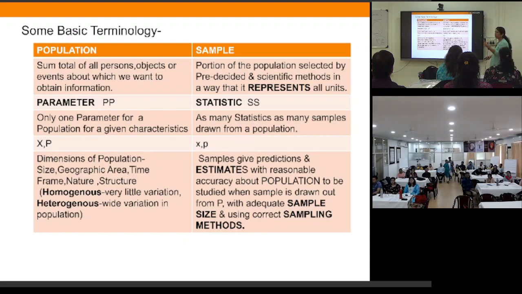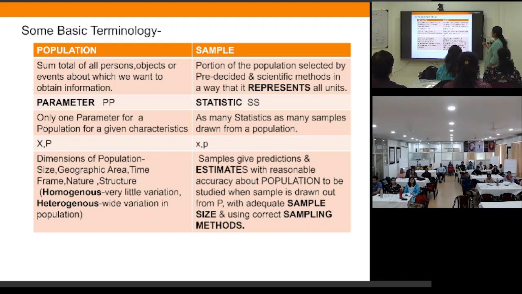I took a sample from UP, there was one estimate. So for one real truth, there can be many versions, or many sample statistics. Clear? And the average difference between this population parameter truth and the sample statistic is the standard error. Okay, standard error.